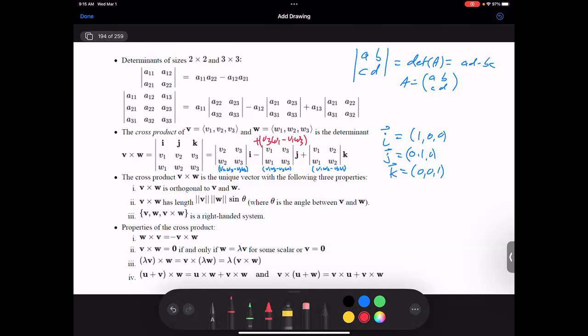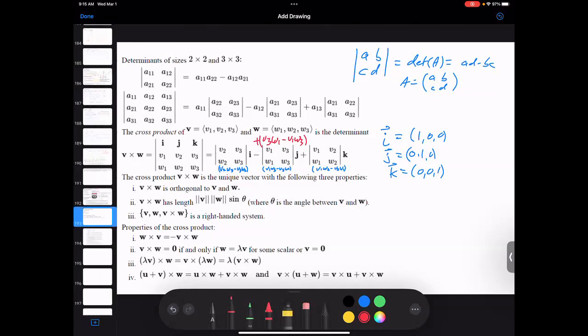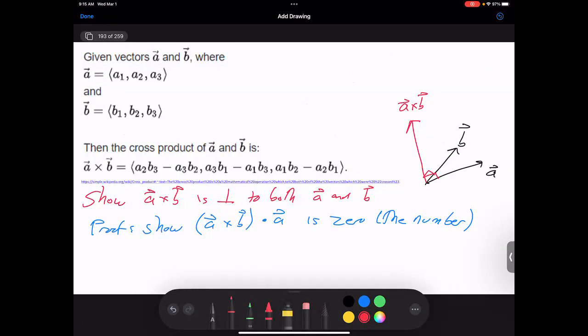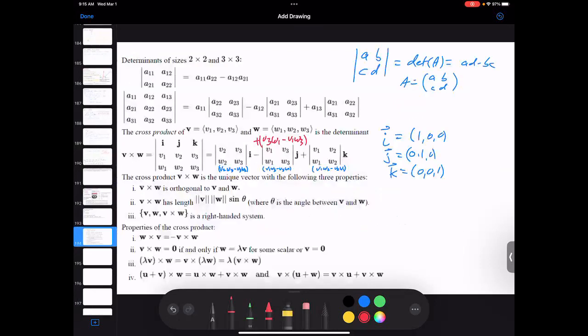We can always rescale by dividing the vector by its length. So if we want, we can assume V and W have unit length. So as a nice exercise, see if you can prove that if V is not in the same direction as W, then at least one of these expressions here has to be non-zero. Okay, so that's a nice exercise to just see, can you just do that by algebra?